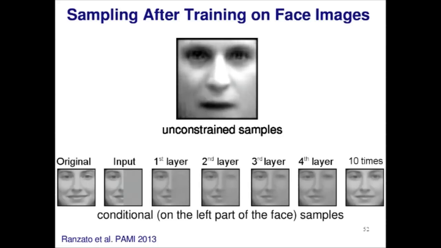And so you see that the model is doing a random walk in the space of face images, and it's generating faces with different expression, different gender, slightly different lighting too. And now that we have this generative model, how can we use it?